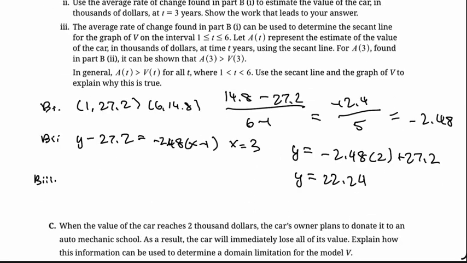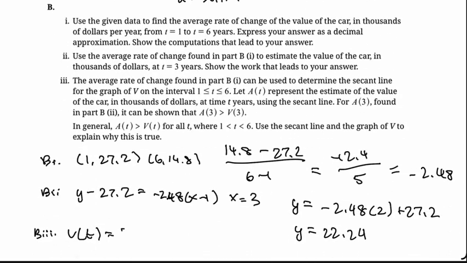For part 3, we are told that A of t is the secant line, and then we have to prove that A of t is greater than V of t for when t is between 1 and 6. So the function V of t equals 30.719 times 0.885 to the t.